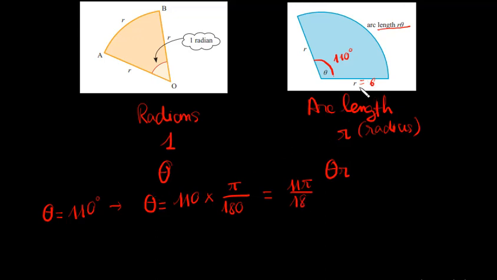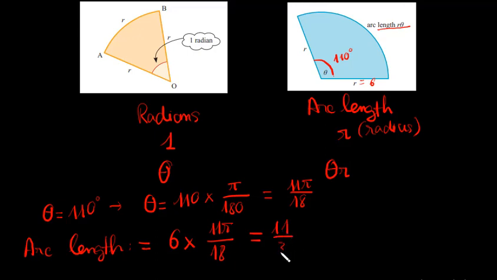And I have r equal to 6, so the arc length equals 6, which is r, multiplied by theta, 11 pi over 18, which equals 11 over 3 pi. This is the arc length, the length from here down to here.